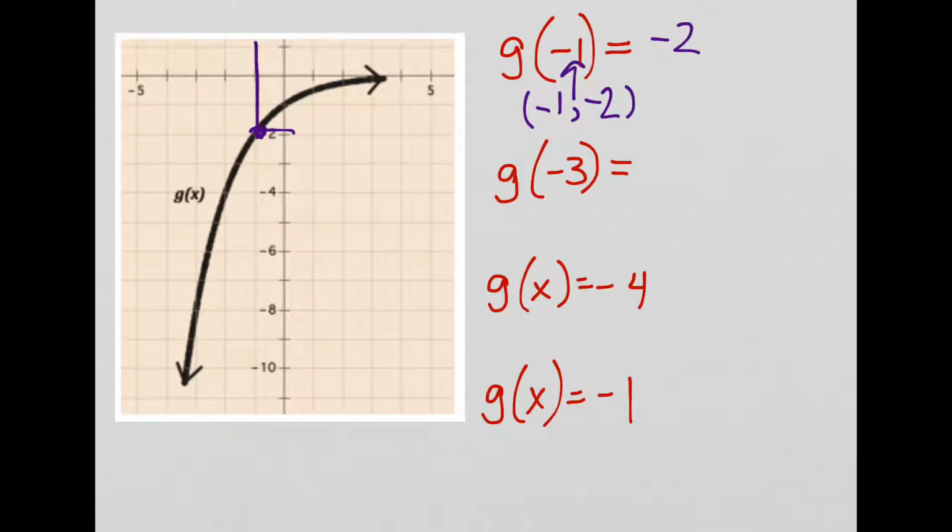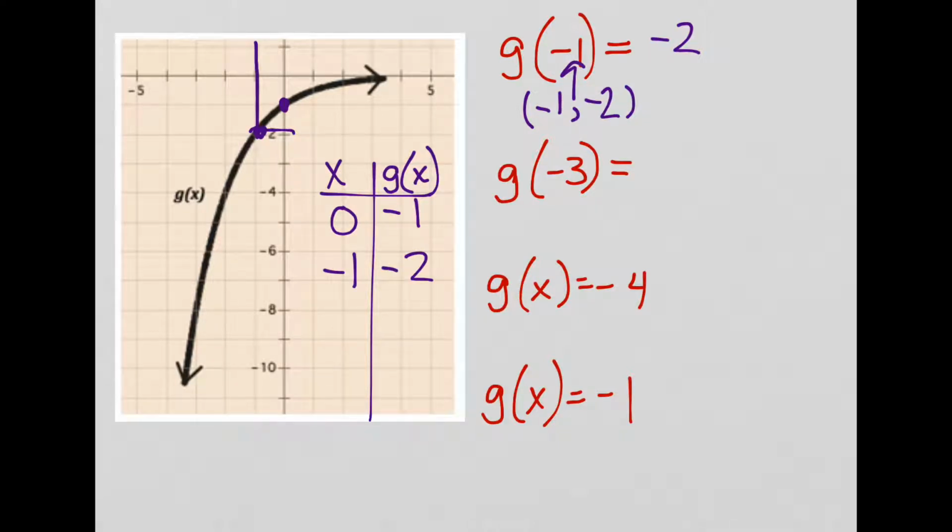Another way you could think about this, like what if I made a table here, x and g of x. Then when x was 0, what was right here, negative 1. How about when x was negative 1? Well, we just figured that out. That was negative 2. How about when x is negative 2?